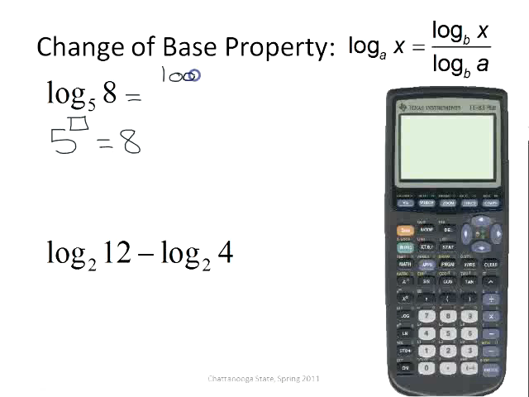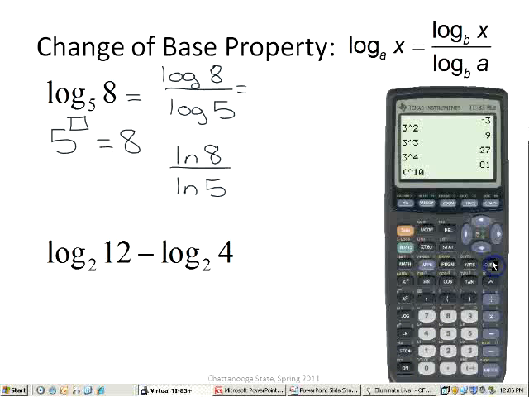The change of base formula says that you're going to rewrite this as a log of 8 over a log of 5. Now I can use log base 10, or I can do natural log of 8 divided by natural log of 5.